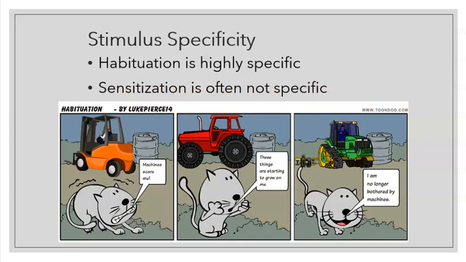So, for example, you can think about some soldiers with PTSD, say they get PTSD in the Army. They've been around mortar shells, bombs going off, and they become sensitized to that.